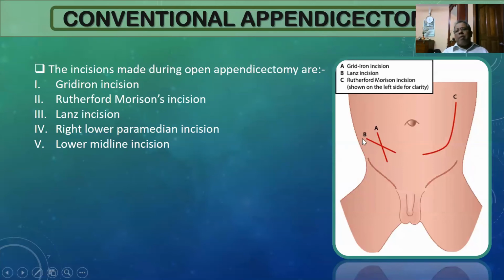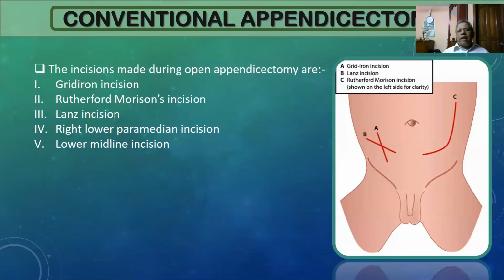This is the same as the gridiron incision, except that the gridiron incision is vertical. The Lanz incision is made at McBurney's point in a horizontal manner, a transverse incision. So a transverse incision at McBurney's point is called the Lanz incision, and the other muscle incisions are the same. Only the skin incision is transverse.